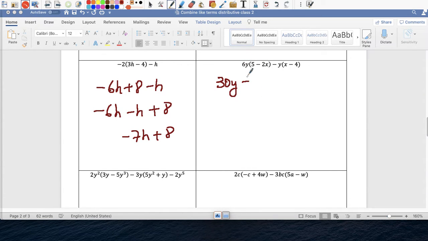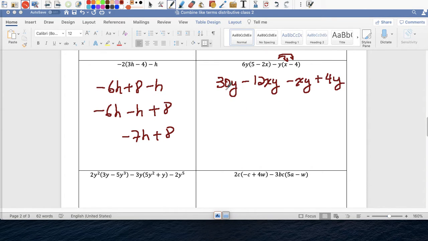Positive times a negative is a negative. 6y times 2x is 12xy. It makes a difference: in standard notation, we always write it alphabetically, so don't write yx, write xy. Then we have to multiply these two. Minus x minus y times x is minus xy, and negative y times negative 4 is positive 4y.